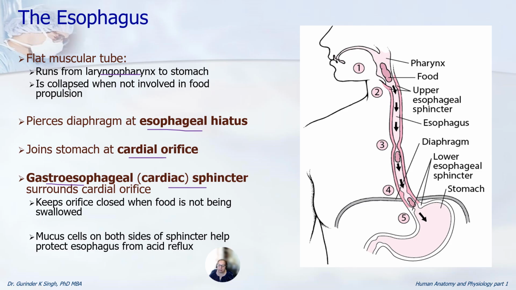Typically this is kept closed because the stomach has acid in it, and we don't want that acid to come up. But as we age, this sphincter can become a little loose, and we have more and more acid coming up, what we normally know as acid reflux.